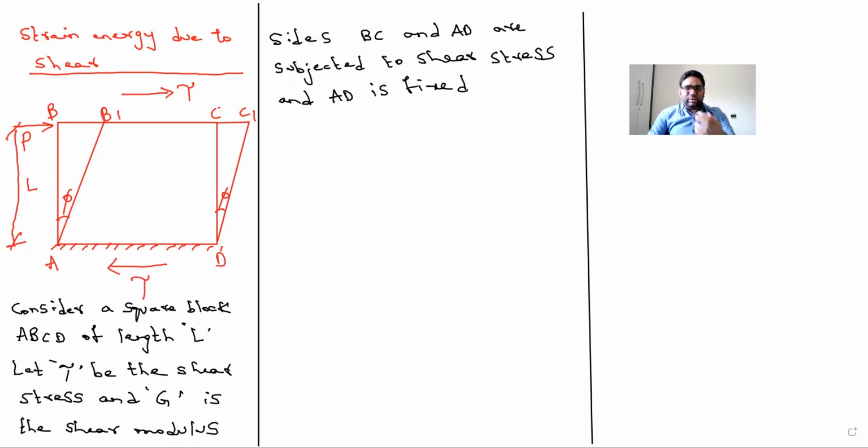So this is the basic preliminary data. Now if you see the whole block ABCD, what is happening? This ABCD is deforming by some amount.